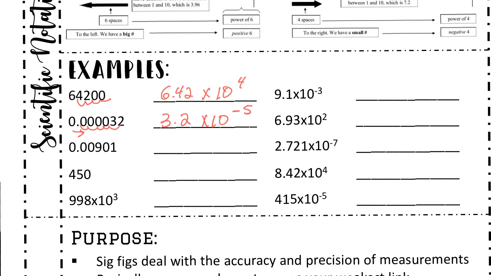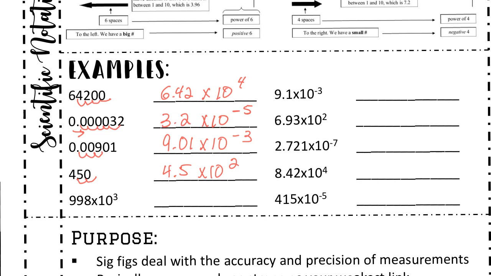Our next number, 1, 2, 3, 4, whoops, I went too far, back up. 1, 2, 3, there we go. 9.01 times 10. Again, I had to move it that direction, so it's going to be to the negative 3. The next example, our decimal point is here, 1, 2, 4.5 times 10 to the second.